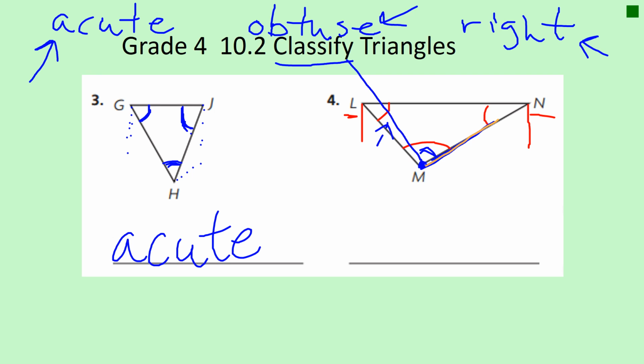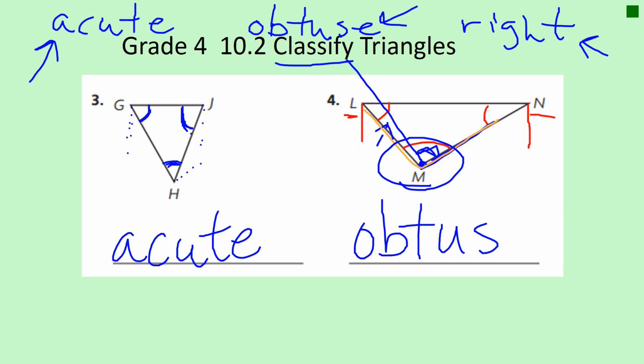So this angle in our triangle is greater than that blue angle, which was a right angle. Okay, that was supposed to be a little notch. So since this triangle has one obtuse angle, we classify it as an obtuse triangle. Awesome job. Let's keep going.